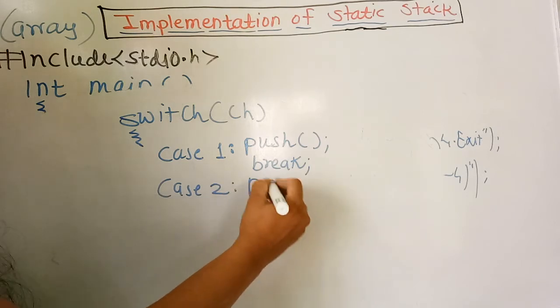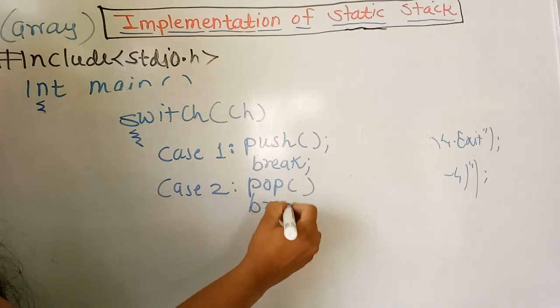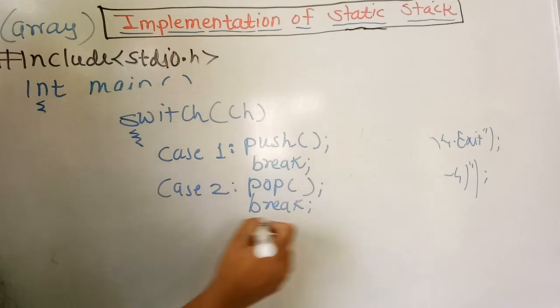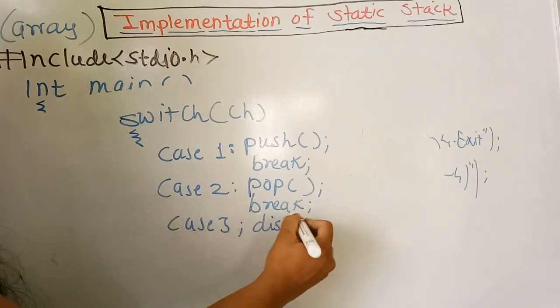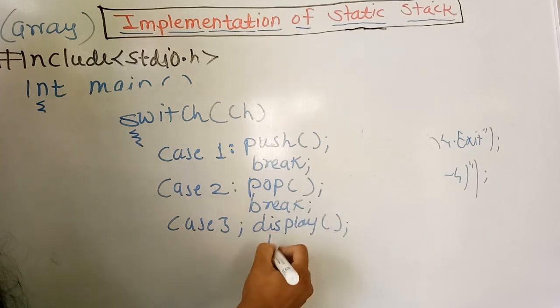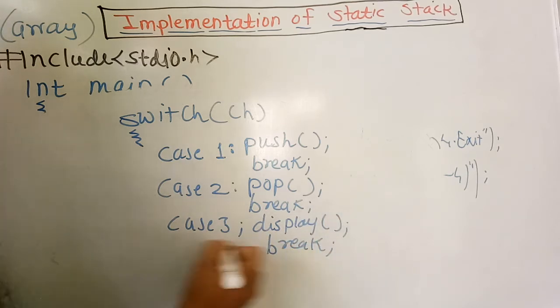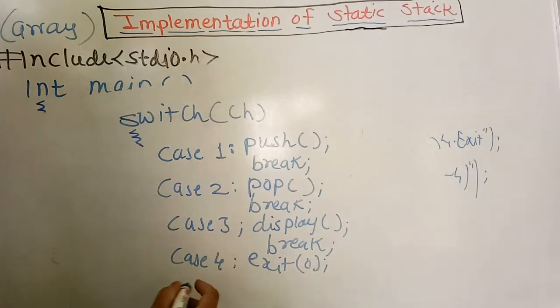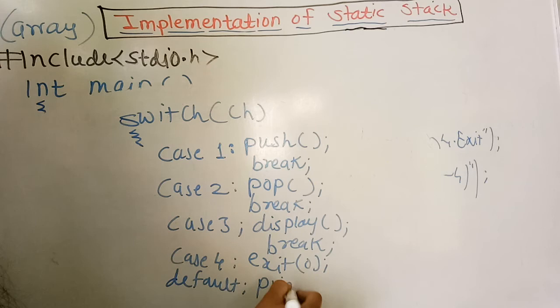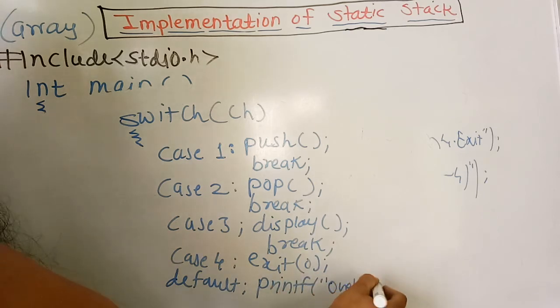Then for case 3, it will be the call to the display function, and we simply break, and at the last we follow the fourth case, that is exit(0). Then we all know that for any switch case there is a default case, and we can write it as, for example, overflow or any comment of your choice.